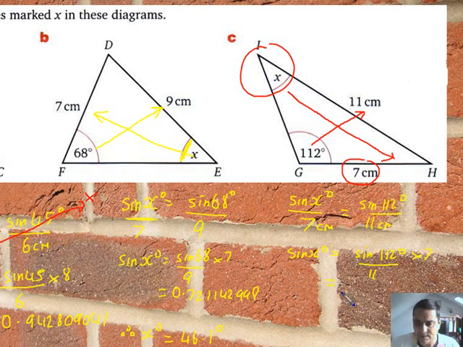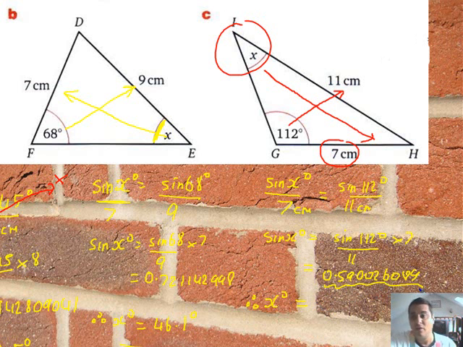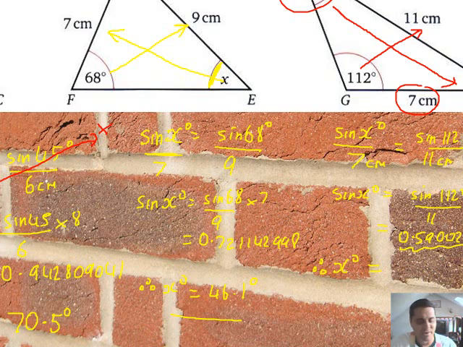Bang, what have we got? 0.5900260889, who cares? What I want is the actual angle itself. So the angle X is going to be shift sine of that. So shift and sine, press equals. Once you have this big long number in your calculator, don't hit cancel. You know the next step is shift sine of that number, and it's already in your calculator. 36.15, 36.2 degrees.